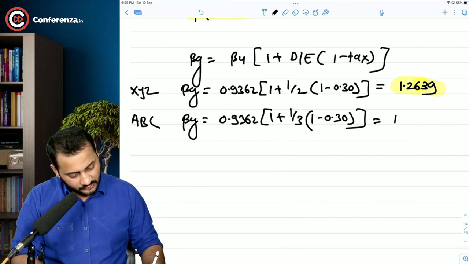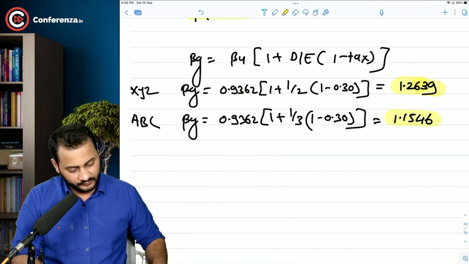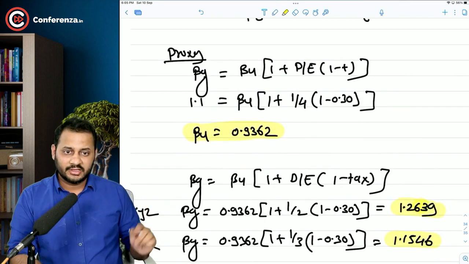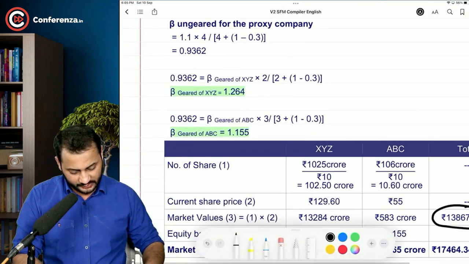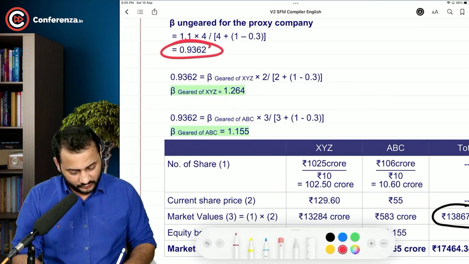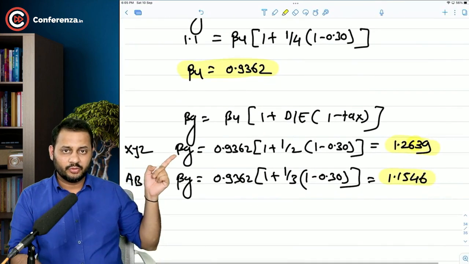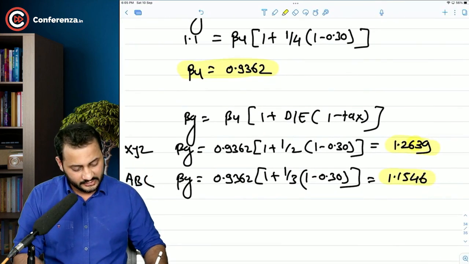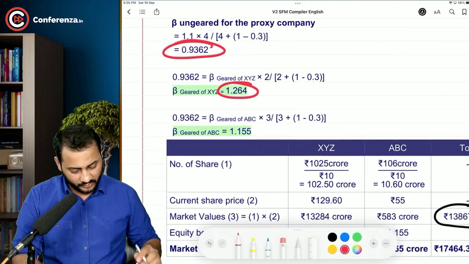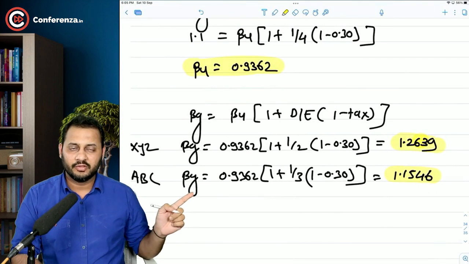That comes to 1.1546. So that's 1.2639 and 1.1546. Rounded off to three decimals, it will be 1.264 and 1.155.